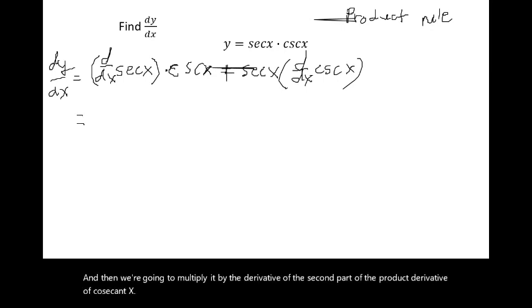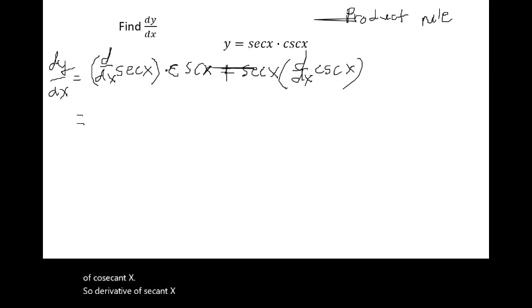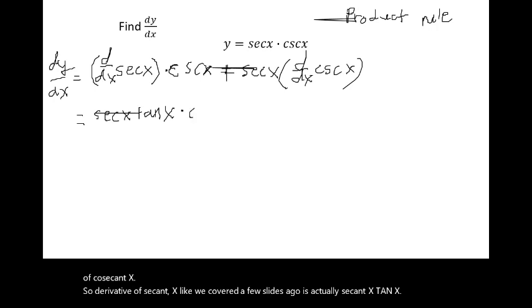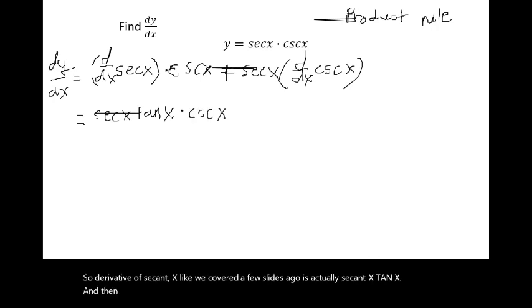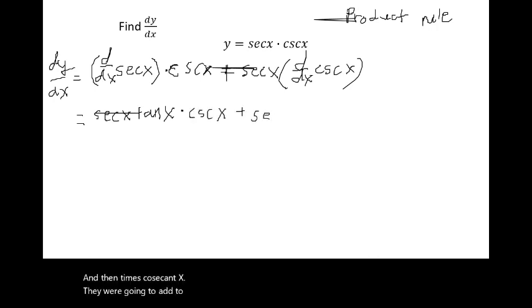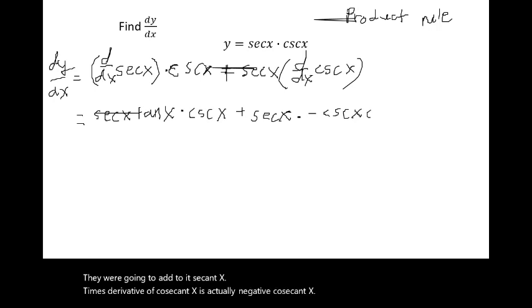So derivative of secant x, like we covered a few slides ago, is actually secant x tan x. And then times cosecant x. Then we're going to add to it secant x times derivative of cosecant x is actually negative cosecant x cotangent x.